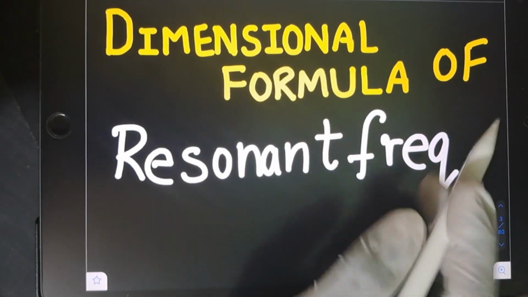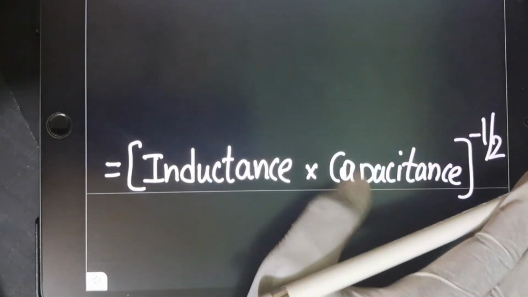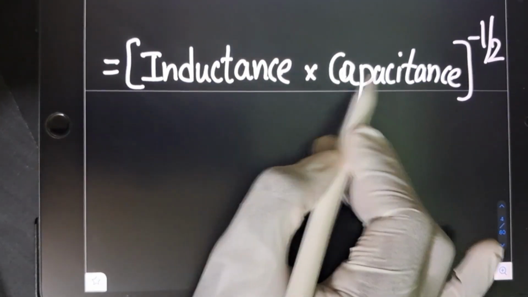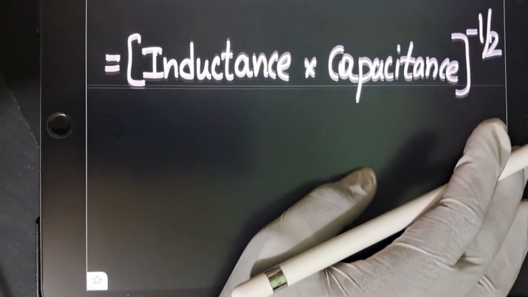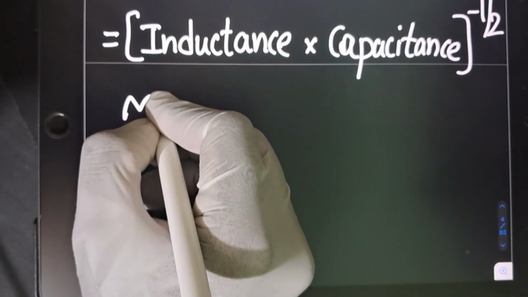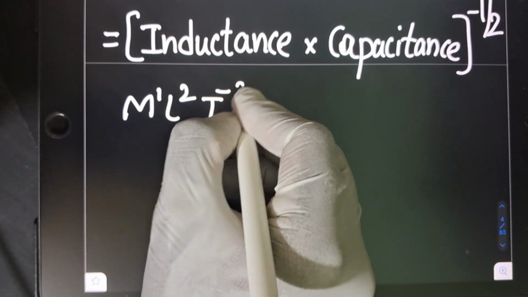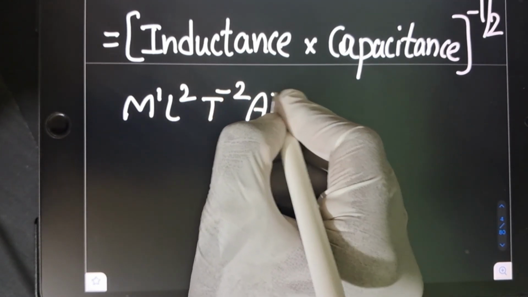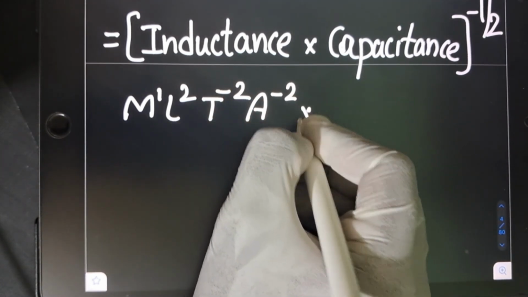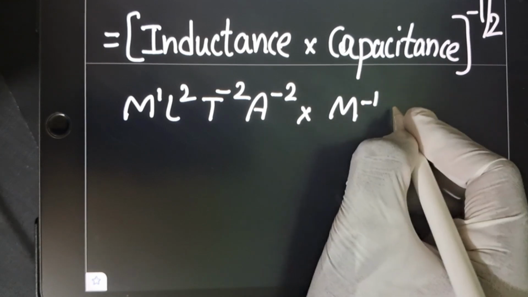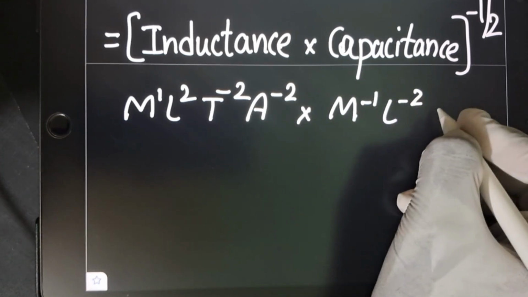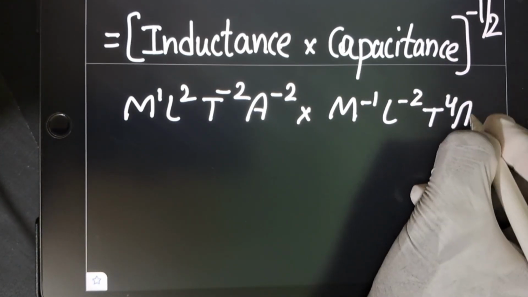To find the dimensional formula of resonant frequency, the formula is inductance into capacitance, whole power minus 1 by 2. Inductance formula is M power 1, L power 2, T power minus 2 and A power minus 2, into capacitance M power minus 1, L power minus 2, T power 4 and A power 2.